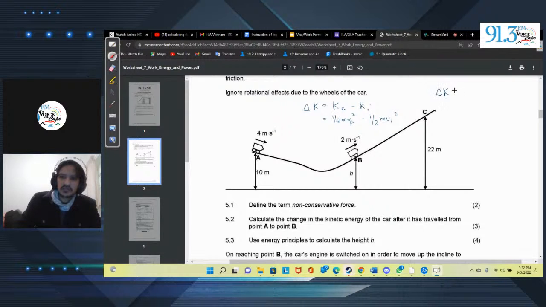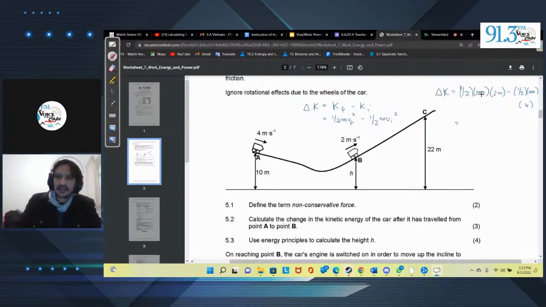This is going to be a half times 200, and our final velocity was 2 meters per second, minus a half times 200 times 4. Now we are going to get a negative answer here, which makes sense because energy has been lost. So it's not conservative, right?